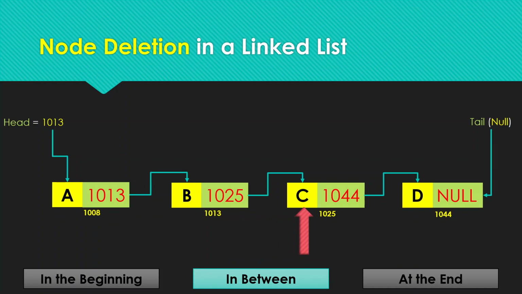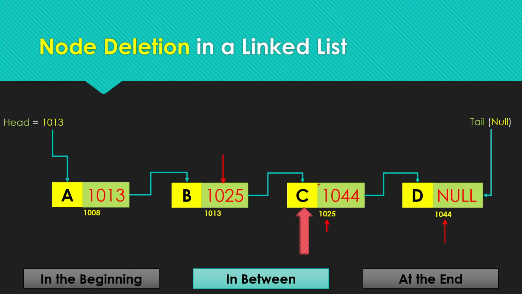Now, once we are here, there are two things we need to do. The first thing is to change this pointer so that instead of the pointer on node B pointing to the address of node C, we now want it to point to the address of node D. So where do we have the address of node D?